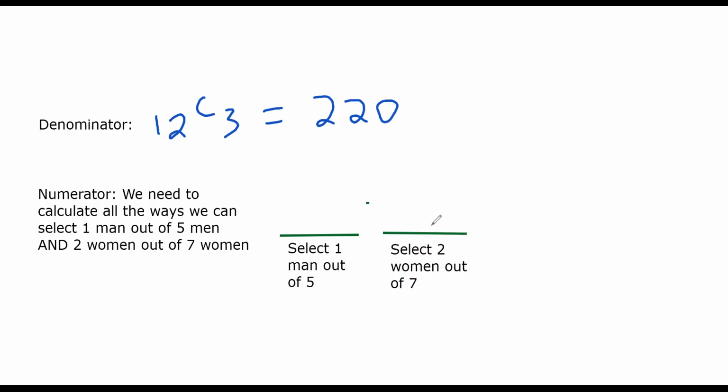But one extra step, each of these individual tasks is a combination. The number of ways we can select 1 man out of 5, well, it's the combination 5C1, which you may recognize as just the number 5, which is correct. The number of ways we can select 2 women out of 7 is the combination 7C2.